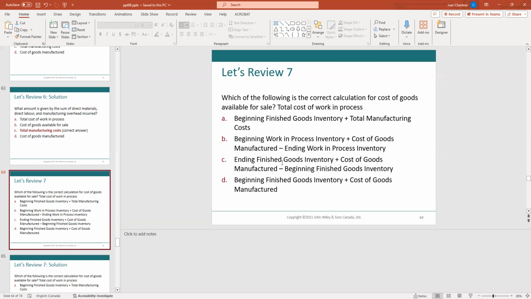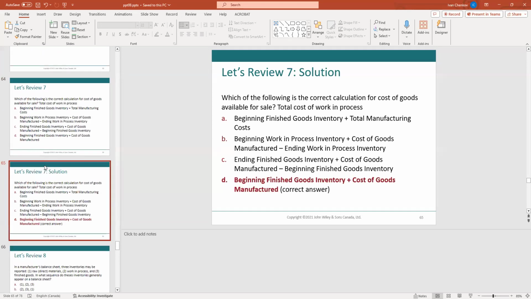It should be beginning goods plus the cost of goods manufactured. It gives us available, minus ending balance gives us how much we sold. So the last one is the beginning finished goods inventory plus cost of goods manufactured. Now we're going to see how much we have available for sale. Make sense? Yes, Professor.